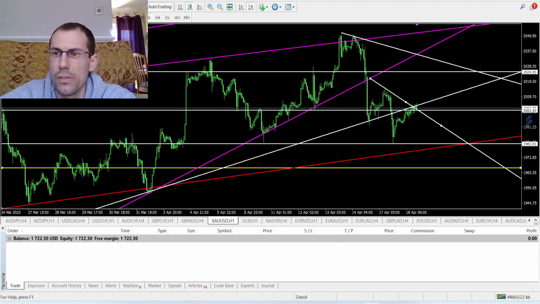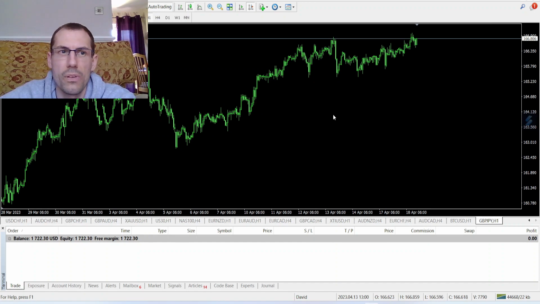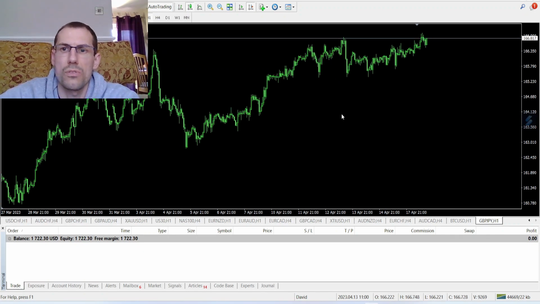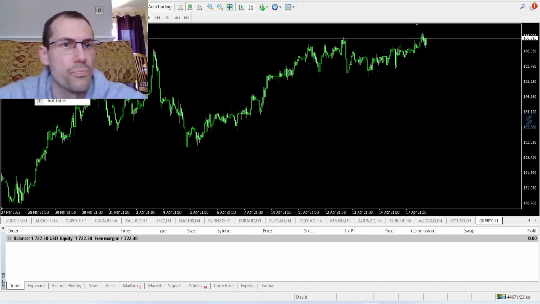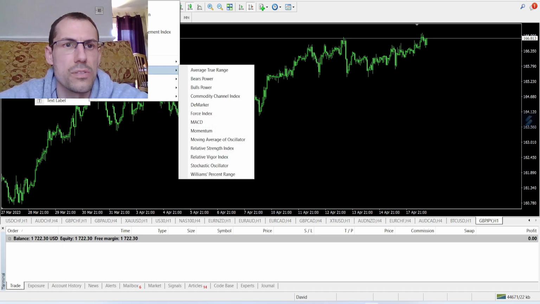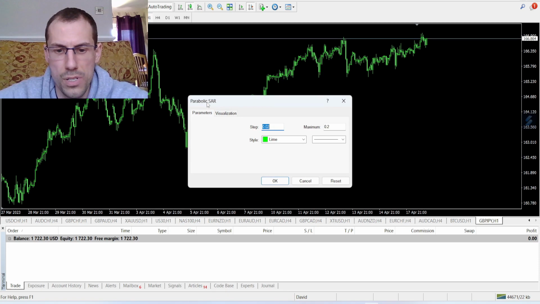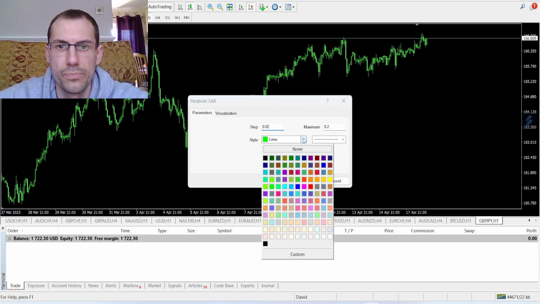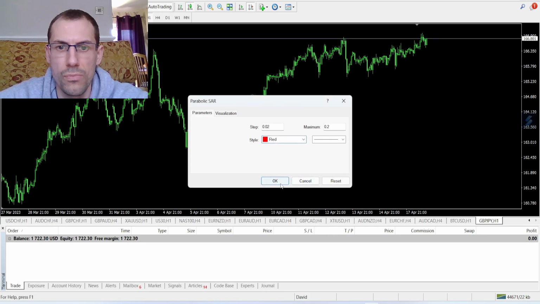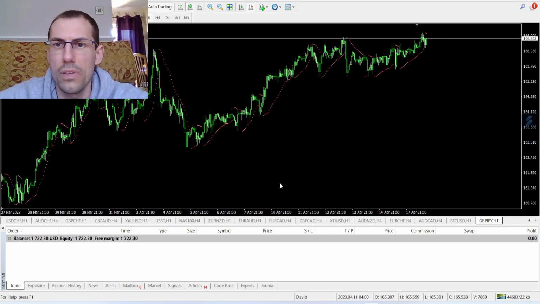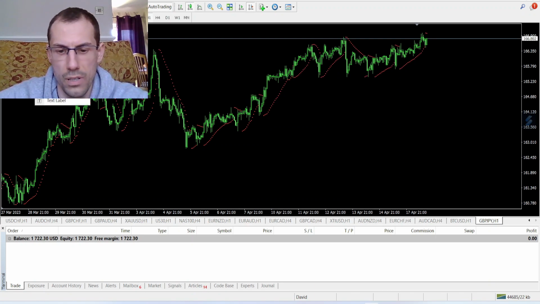So let's open a new clear chart. This one. So you need a parabolic SAR indicator, which is this one. And you need the MACD.